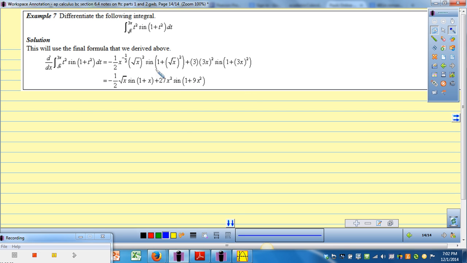So here, it's written kind of in the backwards order, but here is where we are plugging in our 3x.